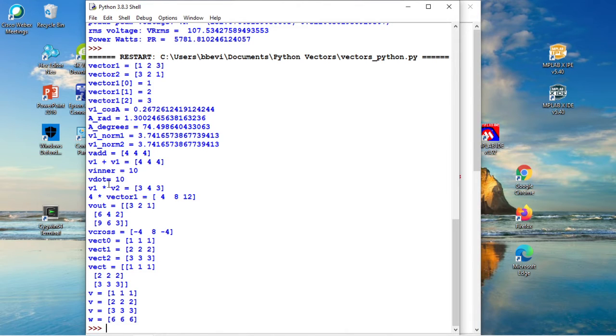Then taking the inner product, or dot product, and then v1 times v2, then the outer product, then the cross product, then the vectors that I combined down to here, and essentially all I'm doing here is printing out all the results. Okay, good enough.